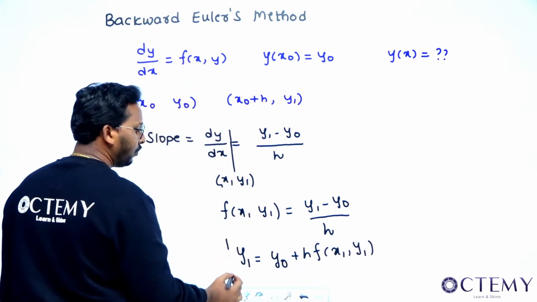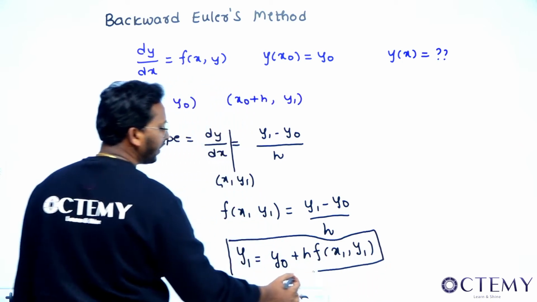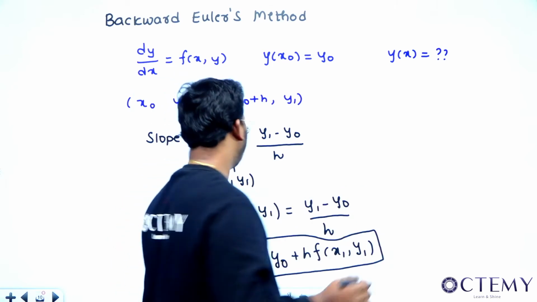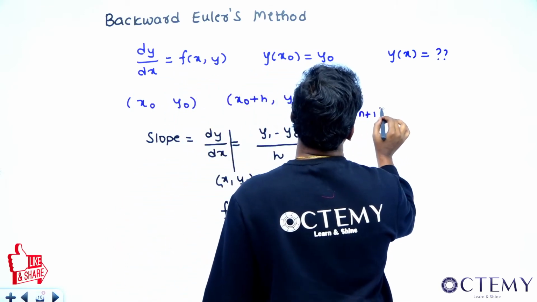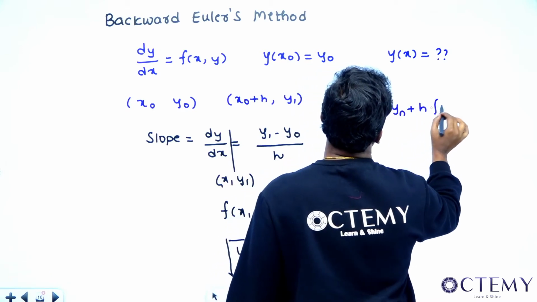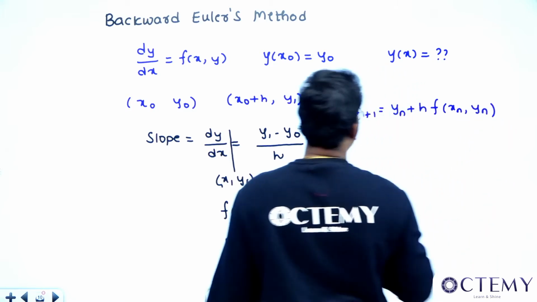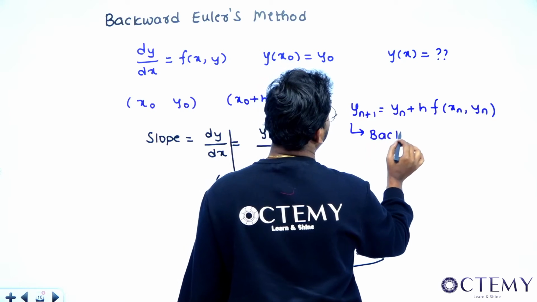That means to find y1 you are using a slope of f of x1 y1. If you want to write this in general, the general equation can be written like this: yn plus 1 is equal to yn plus h into f of x n plus 1 and yn plus 1. This is your backward method, sir. This is Euler's backward method.